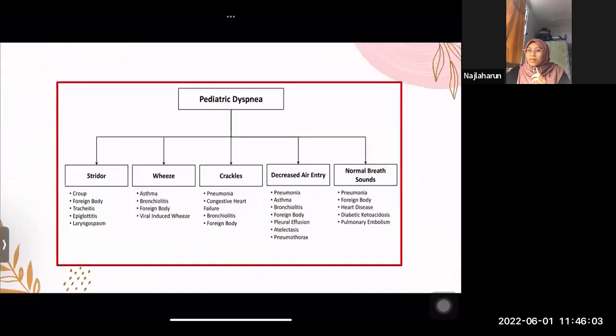Okay, next. Here is the summary if the patient comes with dyspnea after we examine the patient. In case of shortness of breath with stridor, what are the possible diagnoses? In case of dyspnea with wheezing or crackles, decreased air entry and pneumonia, you can look at this later.